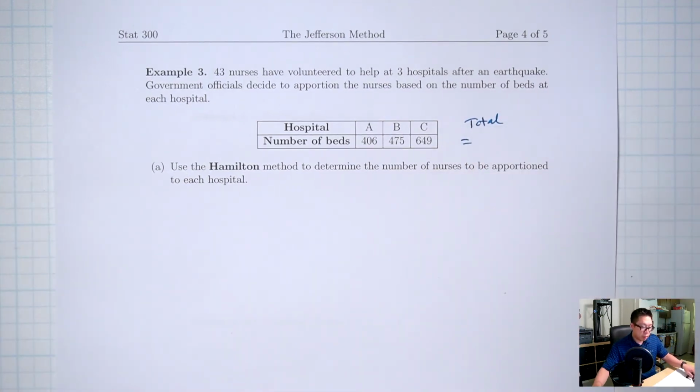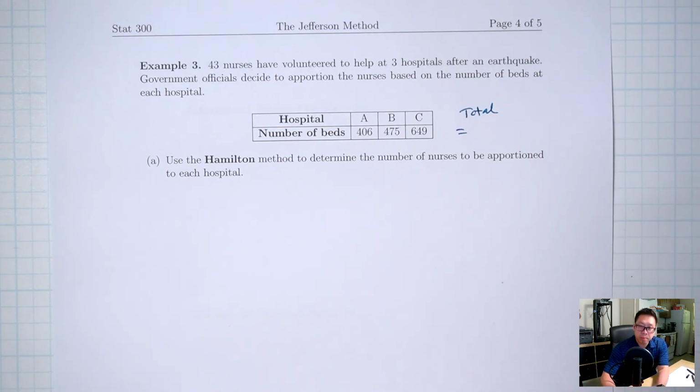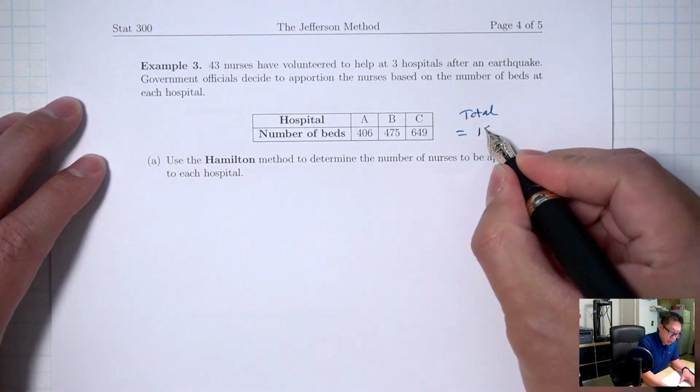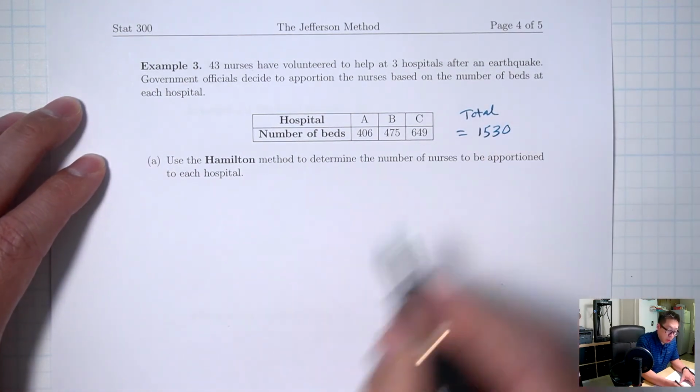So for the Hamilton method, I need to start by finding the total. So 406 plus 475 plus 649. And we have a total of 1,530. These are beds.